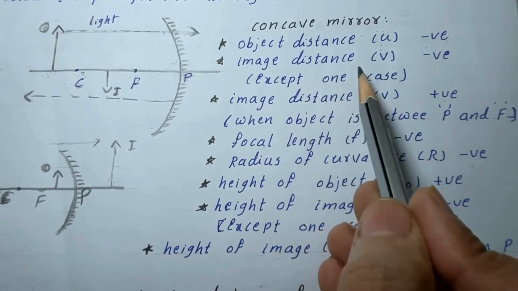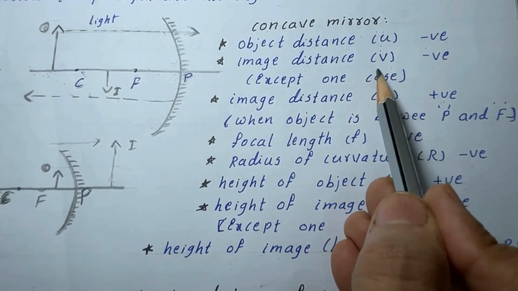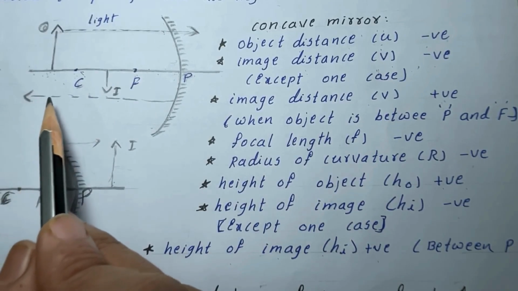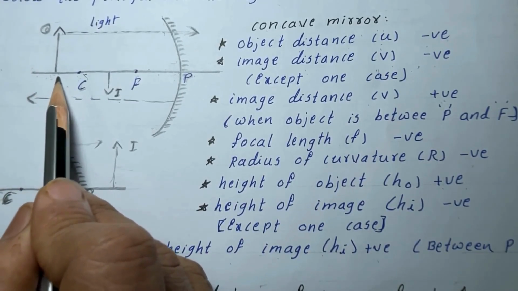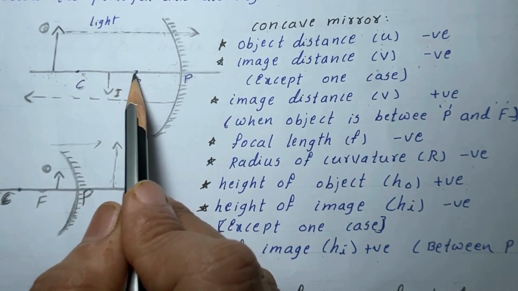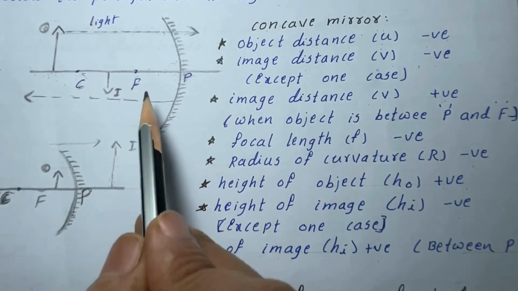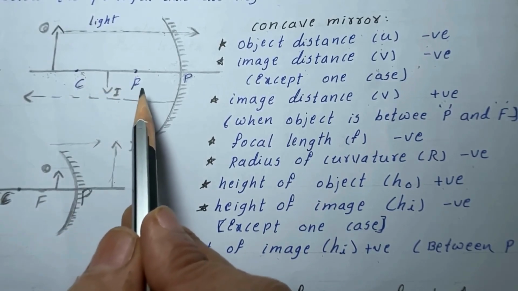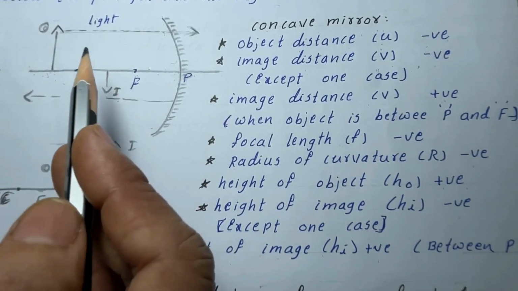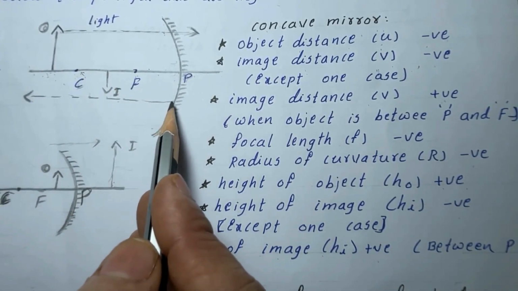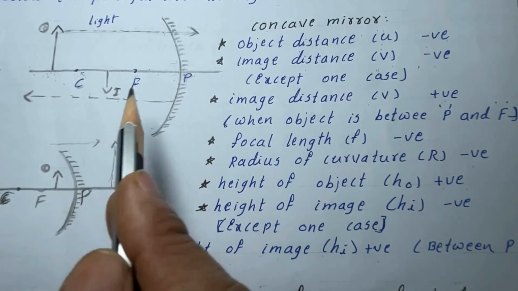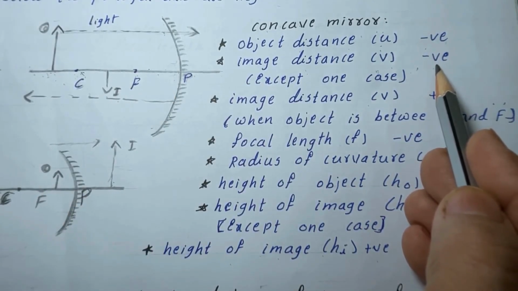And image distance v is negative when the object is at infinity, away from C, on C, or between C and F. In all these cases, the image forms on the same side of the object, so when you measure it from the pole, it comes towards the left hand side, so the image distance is negative.